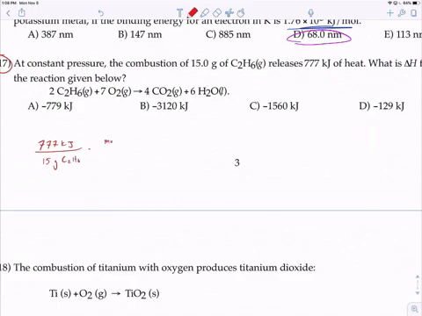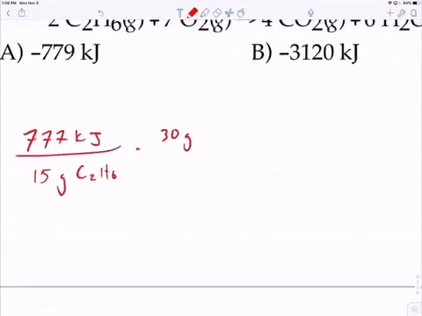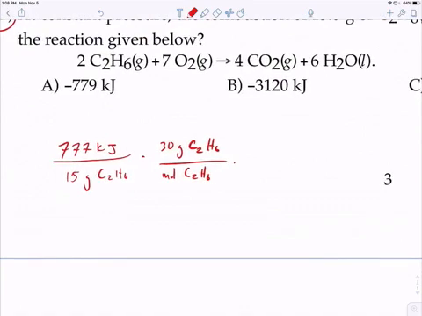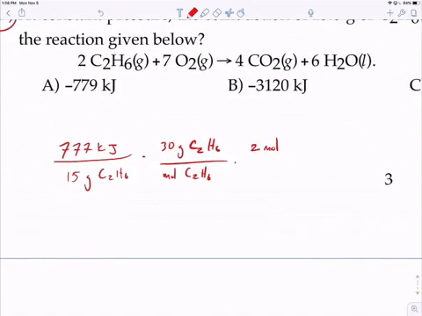Oh yeah, I got it backwards. 30 grams C2H6, 2 mole C2H6, and then we have 2 mole C2H6 per 2 mole reaction.